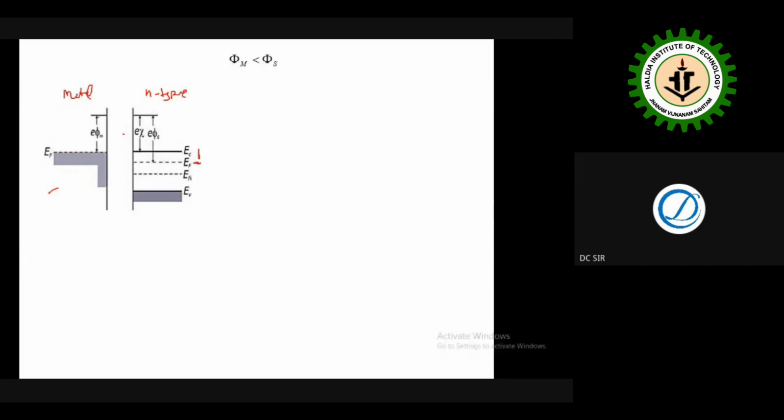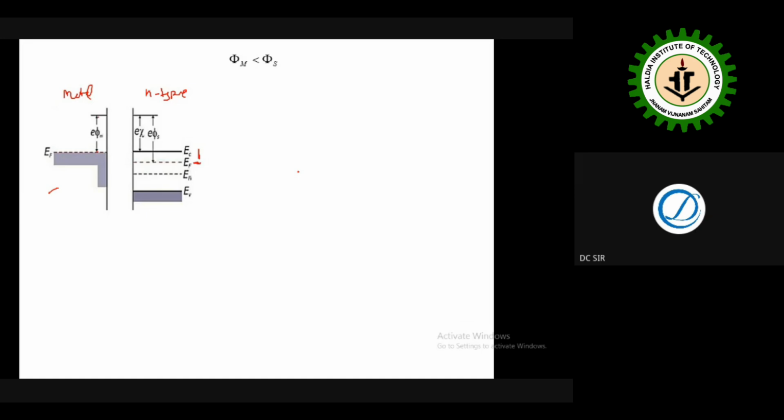Phi s is larger than phi m. When we make a junction, we can describe the working principle, or the working steps, of this junction.